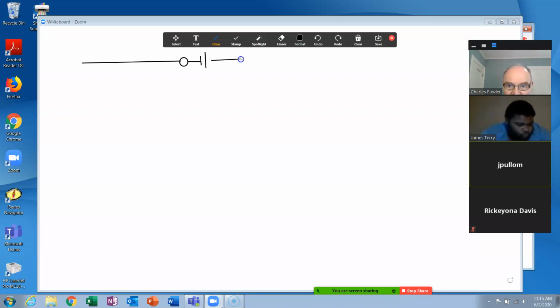I'm going to draw the resistor freehand. Well, let me go back to this one. Okay. I tried to connect the dots. Oh, it did two lines. All right. So let me see if I can do a resistor.